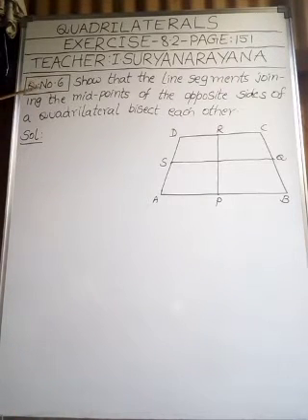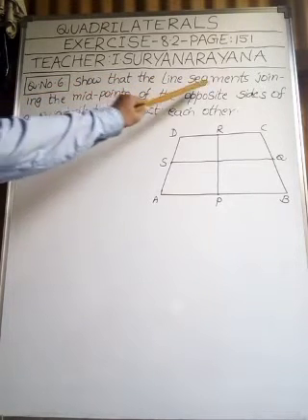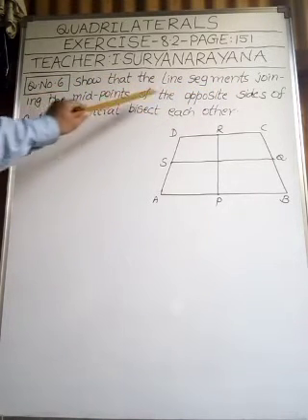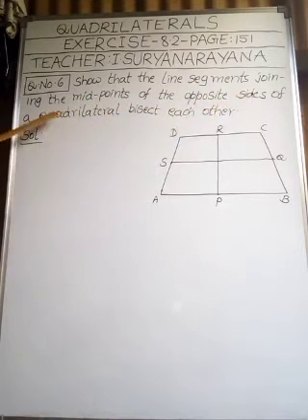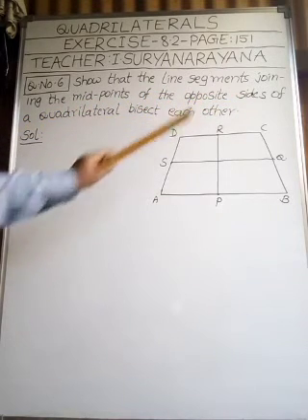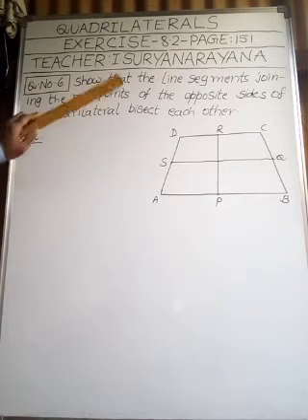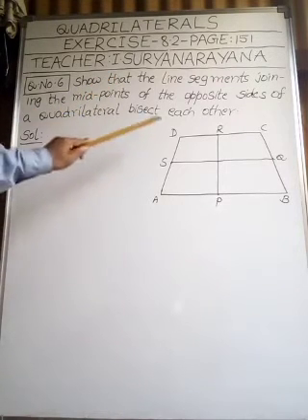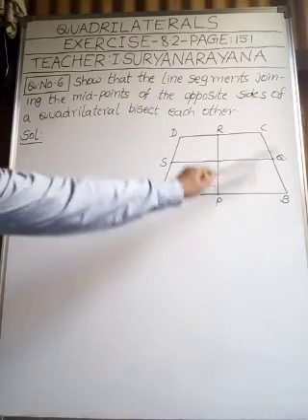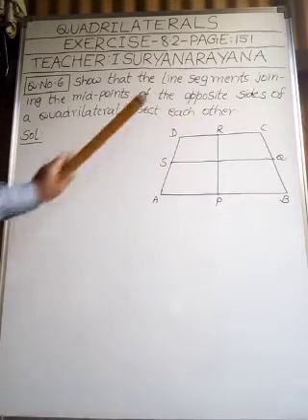Now come to the next question, question number 6. Show that the line segments joining the midpoints of the opposite sides of a quadrilateral bisect each other. Now let us consider ABCD is a quadrilateral.